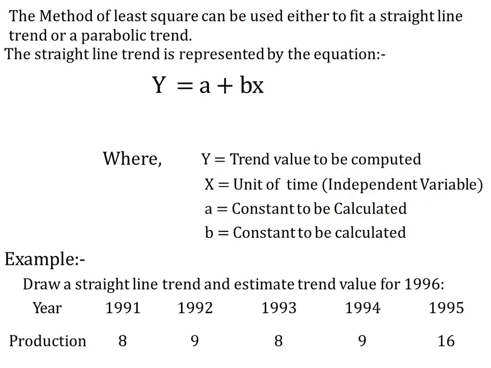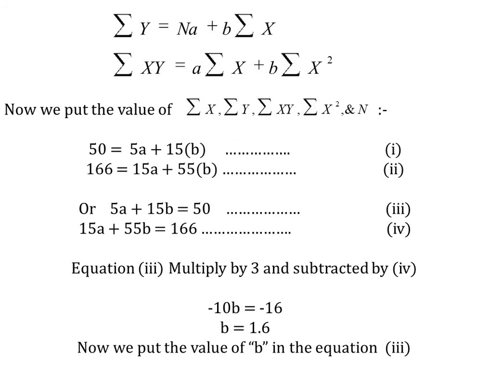When I partially differentiate, I will get these two normal equations. This is by the least square method. These normal equations are basically used to calculate the values of a and b. How can we do that? Let's take an example.